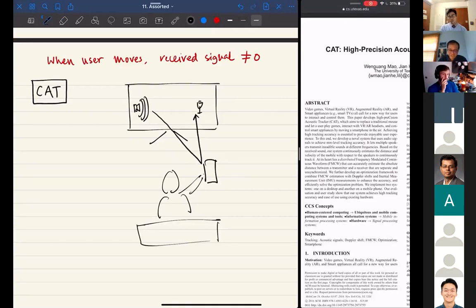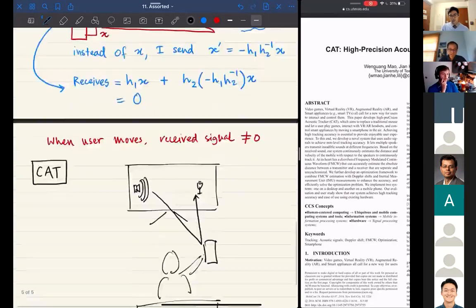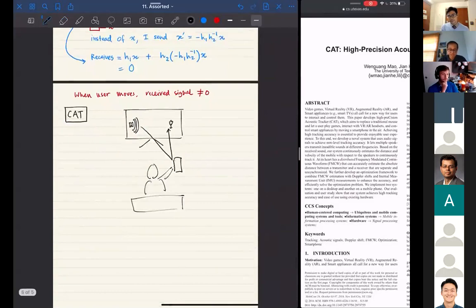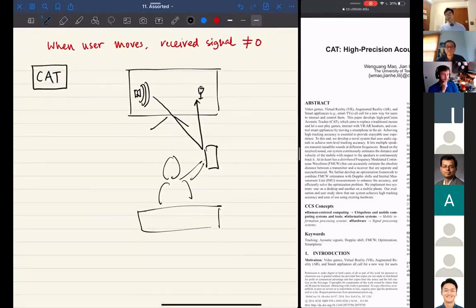From that received signal at the microphone, you want to understand how this object is moving. This is similar to the previous problem, except that now it is with acoustic signals. This is like radar. The signal shines, reflects off an object, and you want to track the object.